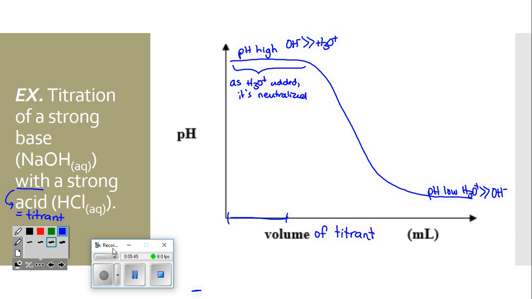You might notice the pH changed a little bit, not a ton, recognizing that a few of those hydroxide ions are going towards neutralizing the acid. Now this section in the middle, this drastic change, you want to look for on a pH curve because it's going to give you a lot of information.